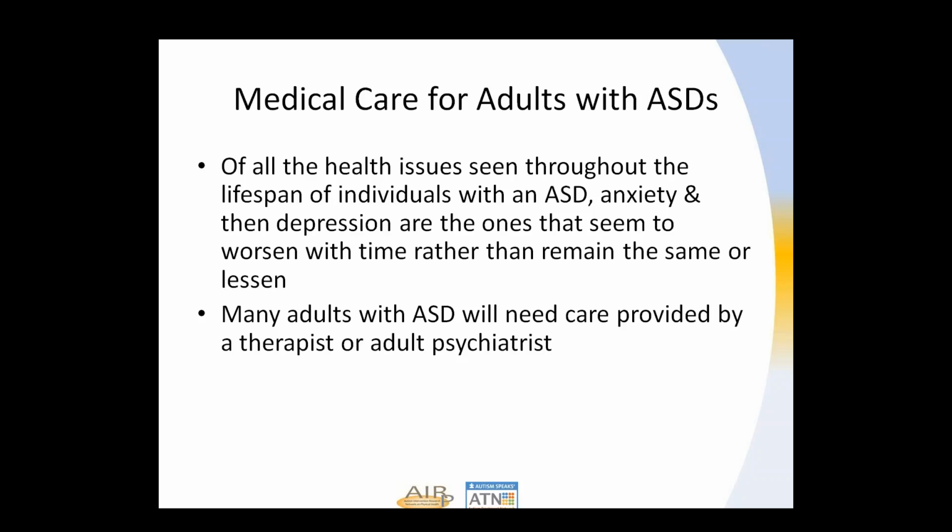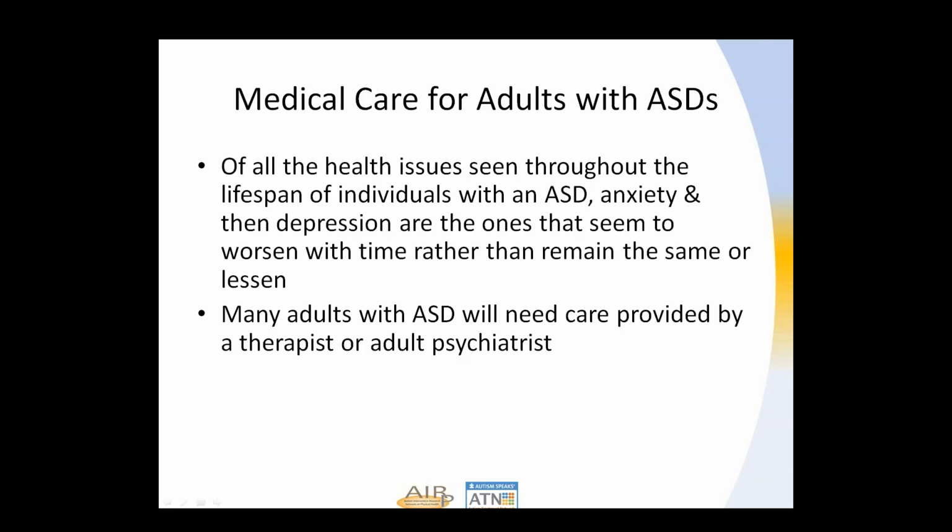And then of all the health issues seen through the lifespan of individuals with autism, two that we have not addressed today, as I've focused on medical conditions more than behavioral health conditions, are anxiety and depression. These seem to worsen with time rather than remaining the same.